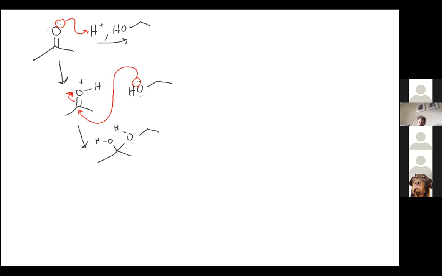Another equivalent of our alcohol can come in, pull off that proton. And we're going to get to kind of a halfway point in our reaction.